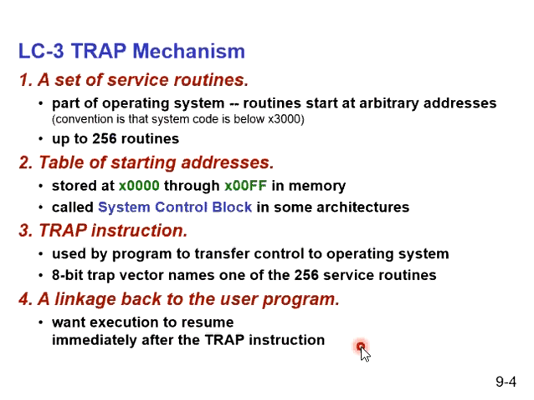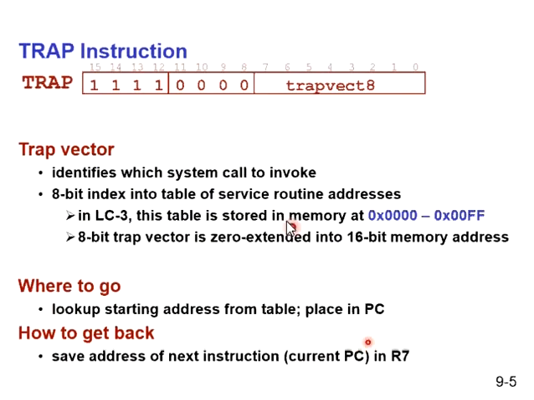That means after doing the action or the operation from the subroutine, we have to return back to the user program. This is the trap instruction, with 4 bits for the opcode. And over here we have 8 bits for each trap vector.